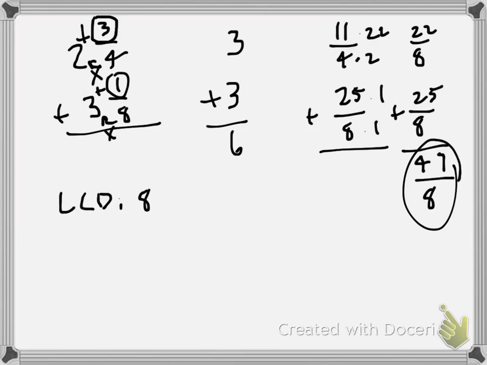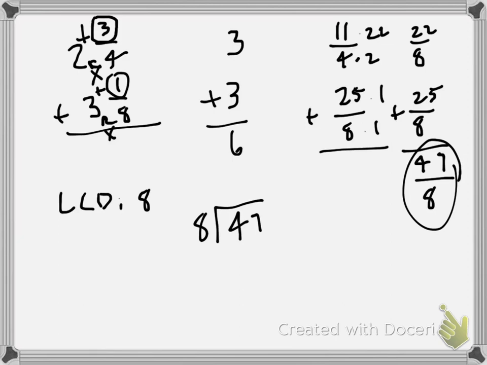And you do want to read your instructions here. This is a correct answer to this problem, but it's an improper fraction. The instructions for problems like this, though, will probably ask you for a mixed number instead. So we do need to convert this back. If we want to do this as a mixed number, we're just going to divide the top by the bottom.